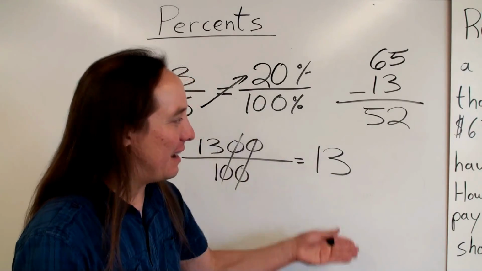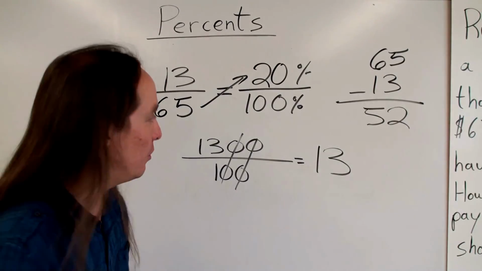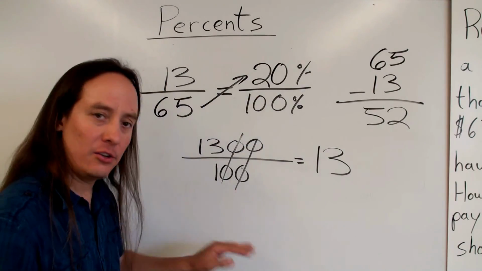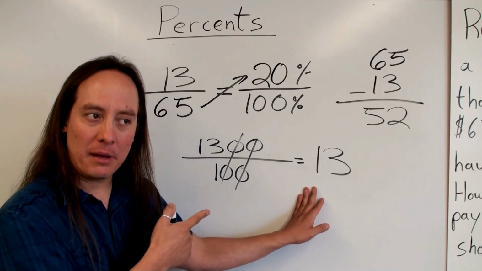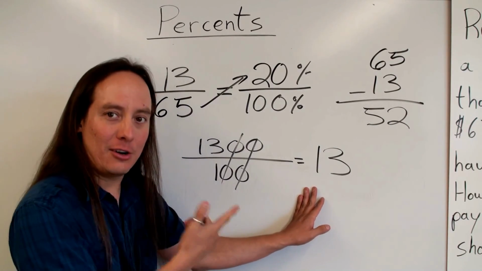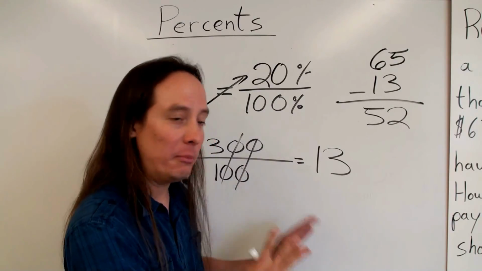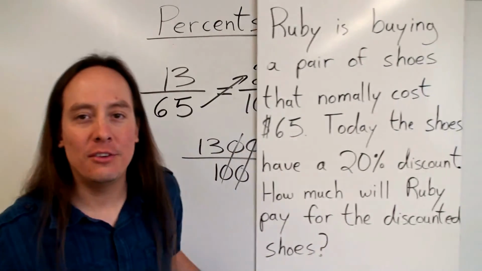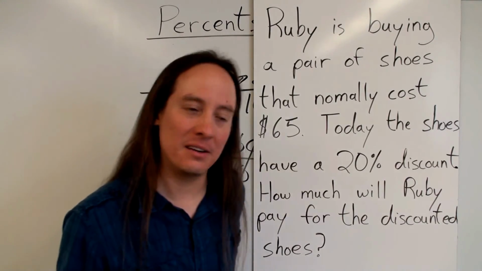You've got to read what they're asking you for and make sure you pay attention to that. So I would always recommend to my students and to all of you, when you do the whole thing and you get your answer, before you commit 100% and put that as your final answer, just read the question one more time. Make sure you're answering what you need to answer.